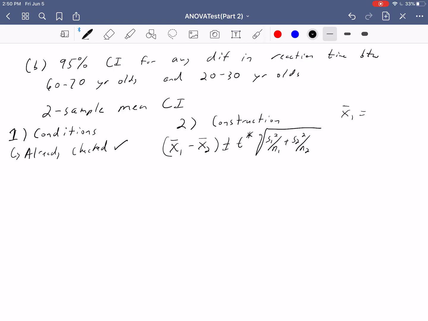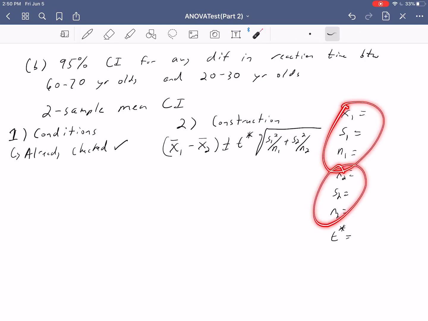So there's a lot of things we need to know. We need to know x1 bar, s1, n1. We need to know x2 bar, s2, and n2. And then we also need to know t star. Notice that you can already sort of see this is why we took the time to write down the average and the sample size when we did our one var stat.